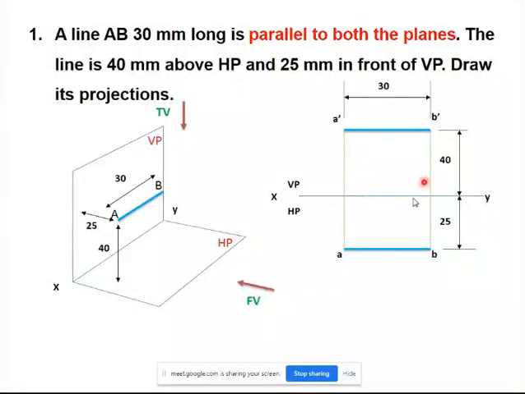Okay, so after doing this, you have to highlight all the required points, dimensions, and views. That is, you have to highlight X and Y, and you have to highlight VP, HP. Then you have to highlight the notations like A dash, B dash, AB. Then you have to highlight the arrowheads, then the dimensions.